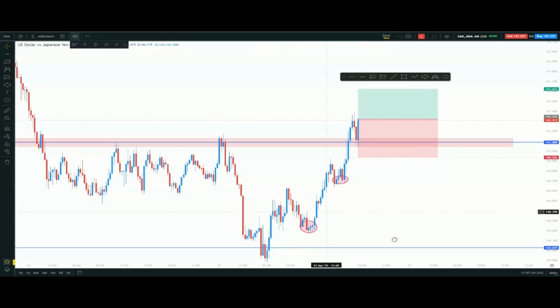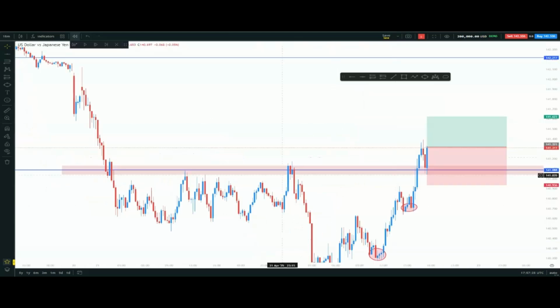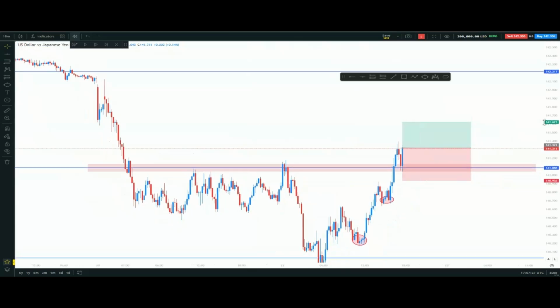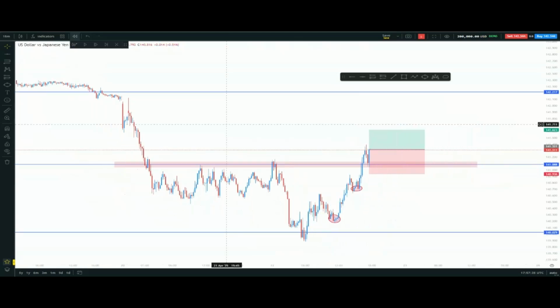So then I viewed the higher time frames again to target major levels where I would look for price to reject, so that I could position my take profit at those levels. The first level that I was monitoring was this level right here, which I had marked up on the higher time frames.